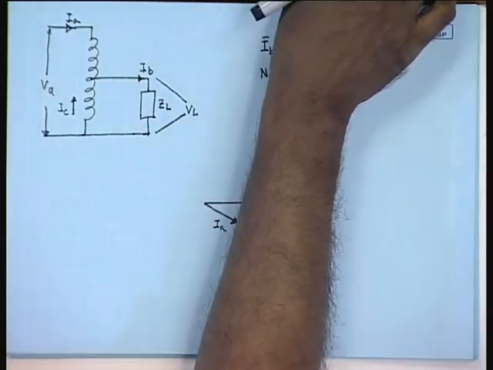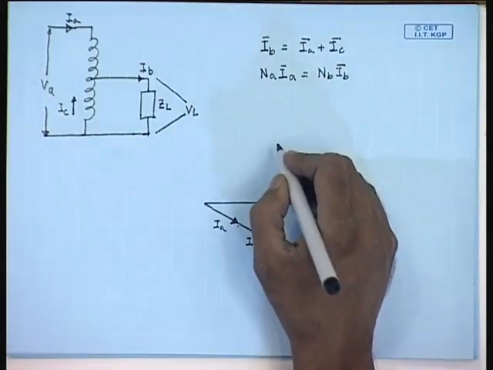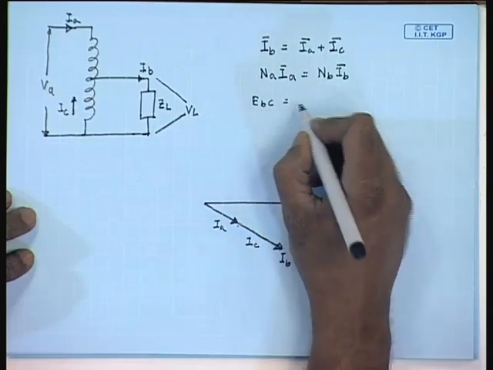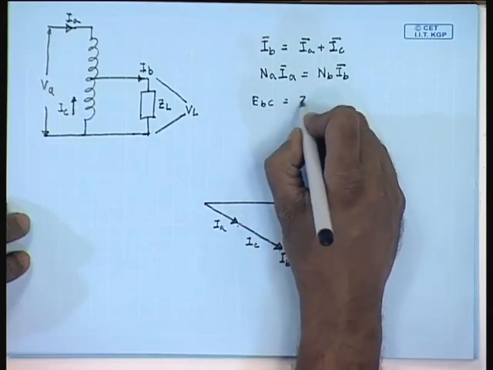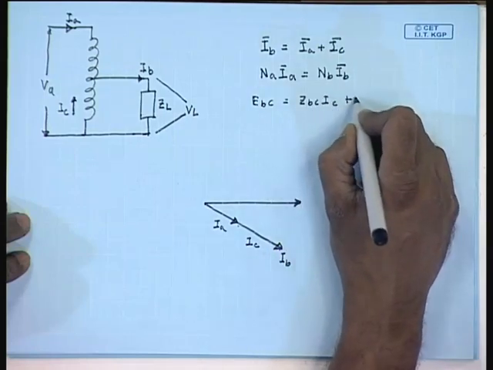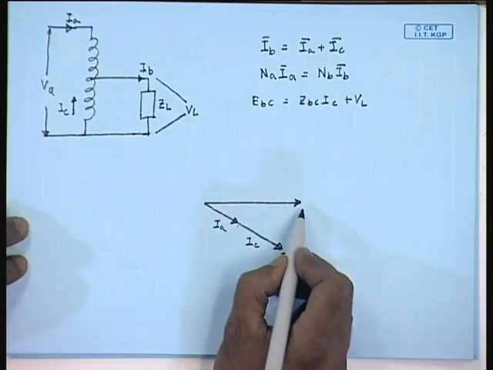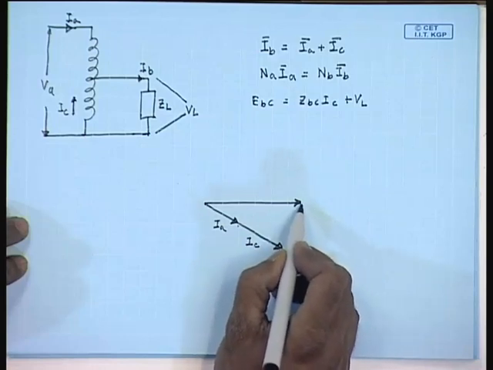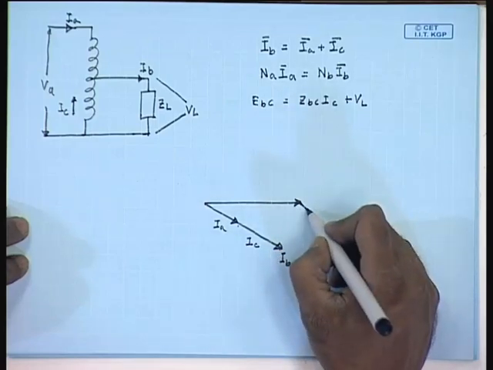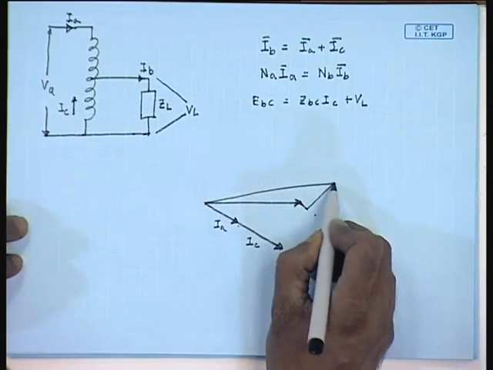Now, from the first equation, that is E_BC equal to Z_BC I_C plus V_L, we can get the phasor E_BC, which will be this.